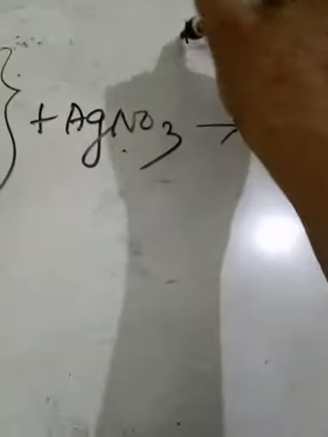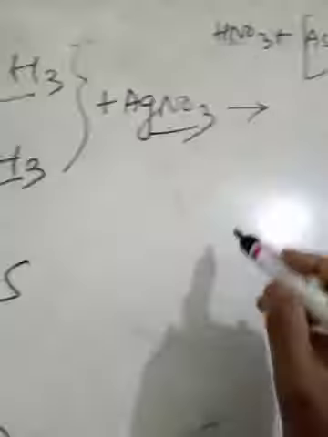I am giving the detail. In the first case, if you add silver nitrate to arsine, you will get HNO3 plus AsAg6(NO3)3. That means arsine will be absorbed by silver nitrate, forming this compound, and pure hydrogen will escape.